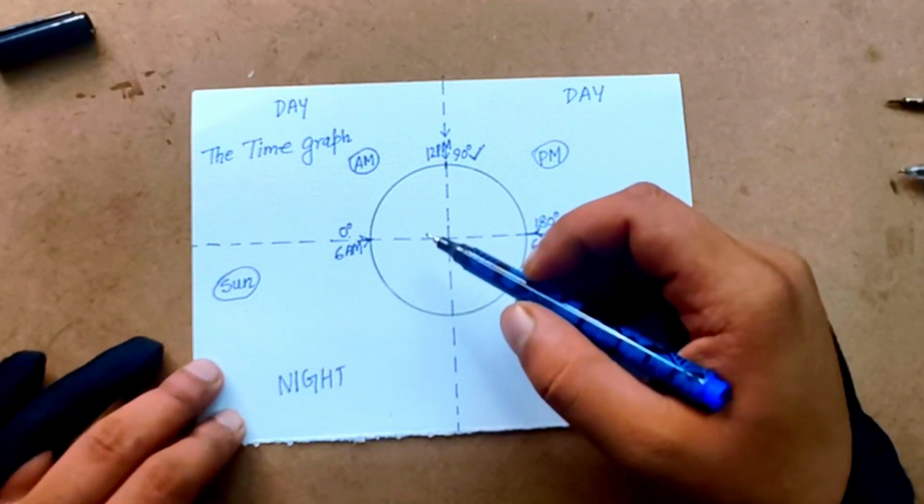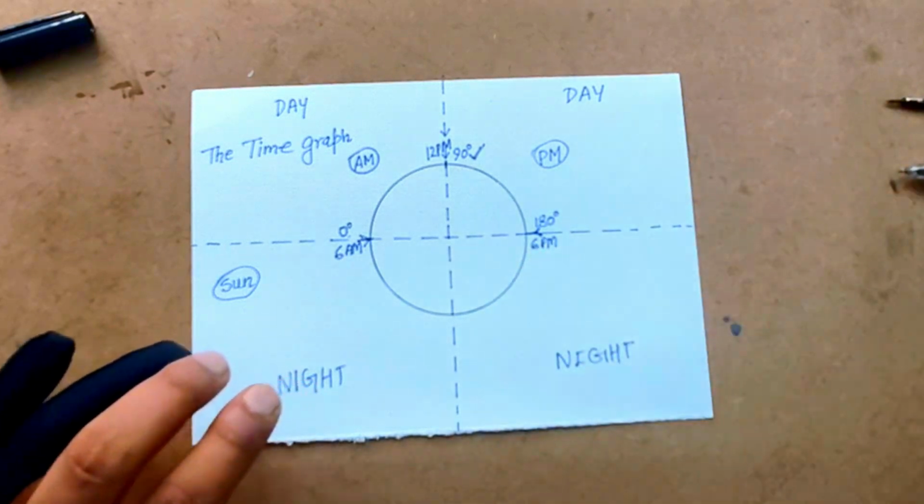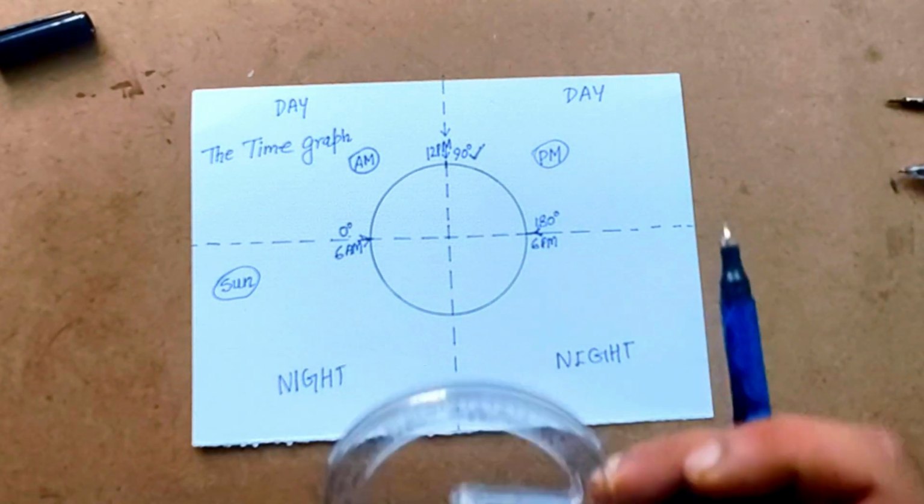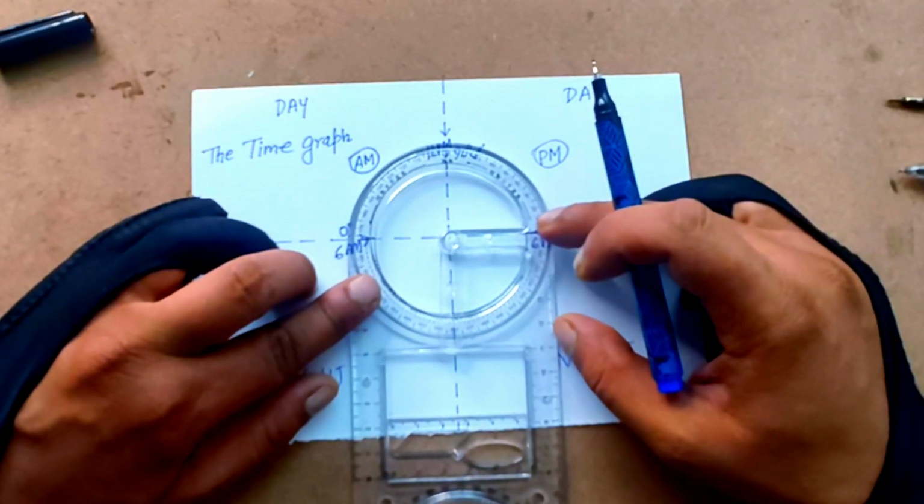Now, if I am supposed to make the shadow at 7 a.m. in the morning, what do I need to do? I will use my protractor to find the other angles as well.